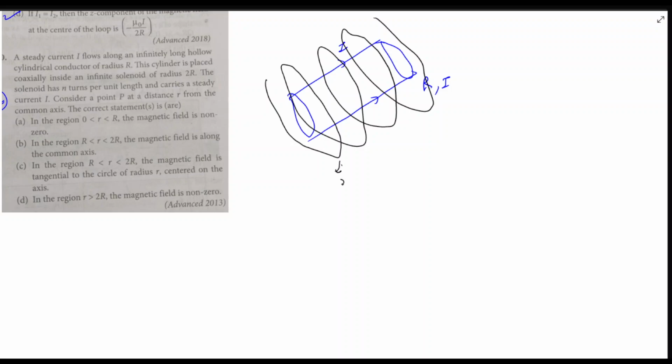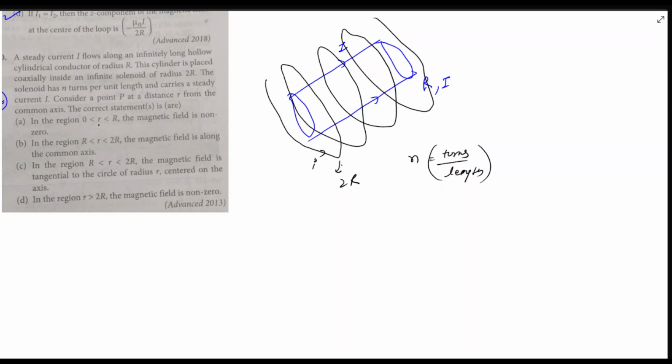And the radius of this is 2r. n is given as turns per unit length, and it carries current I. So it also carries a current I. Consider a point P at a distance r from the common axis. Choose the correct statement. Okay.